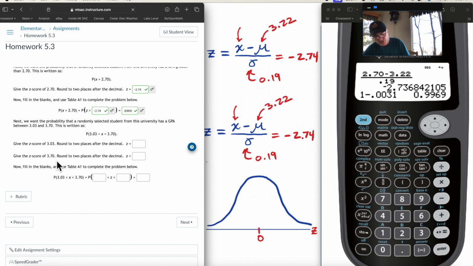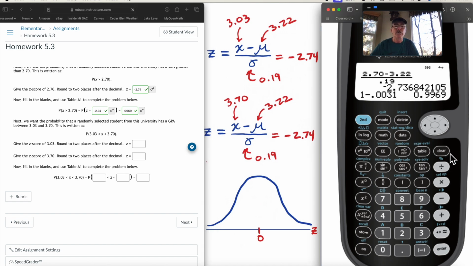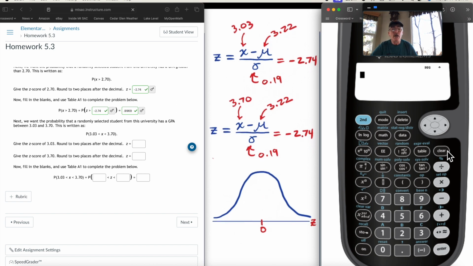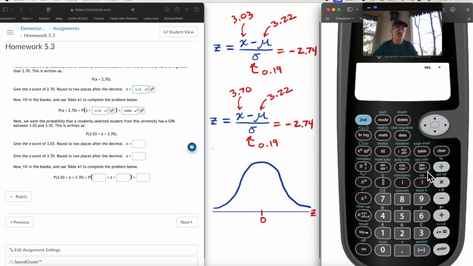Okay, so the first one is 3.03. I'll put that up here. And the next one is 3.70. Okay, and then I'm going to clear my screen on the calculator and start doing those computations.